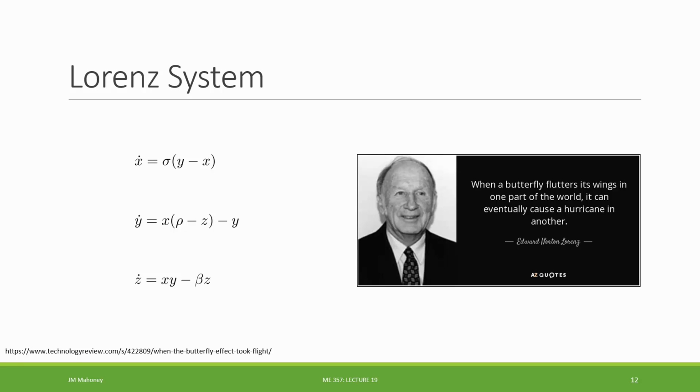And for the z dot equation, again, we have this x times y, both of them state variables being multiplied. So z dot is also a nonlinear equation. We cannot represent this in matrix form like x dot equals ax plus b, or in this case, since it's autonomous, just x dot equals ax, because we can't make an A matrix when we have nonlinear equations.